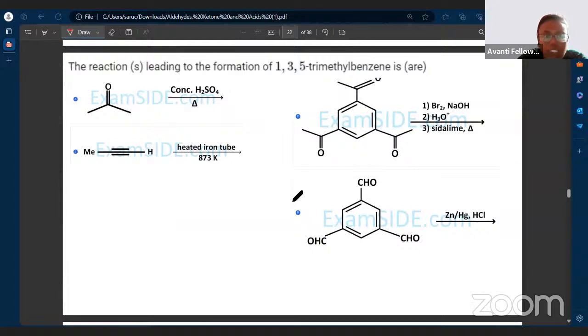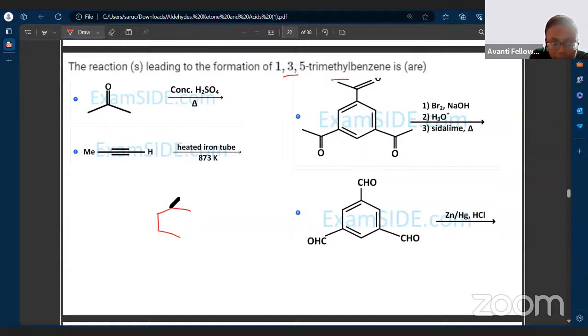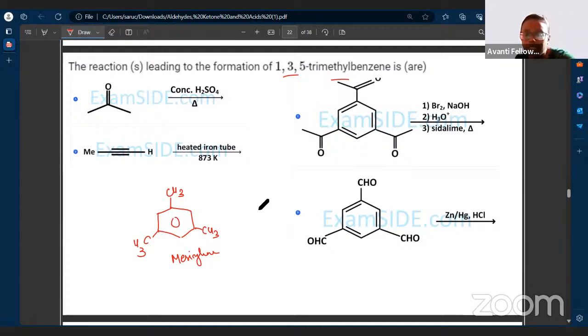Okay, so the next question is: the reaction which is leading to the formation of 1,3,5-trimethylbenzene. What is 1,3,5-trimethylbenzene? It is mesitylene. So which among the reactions will give this mesitylene as the product is the question.